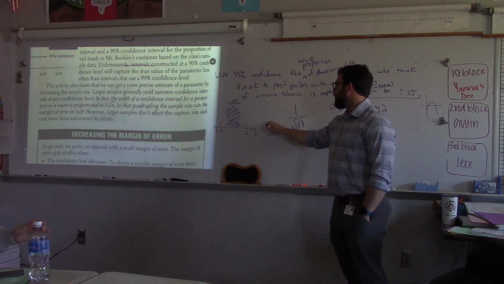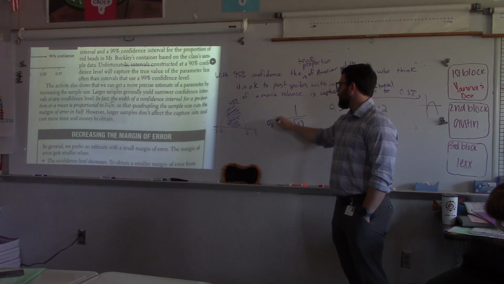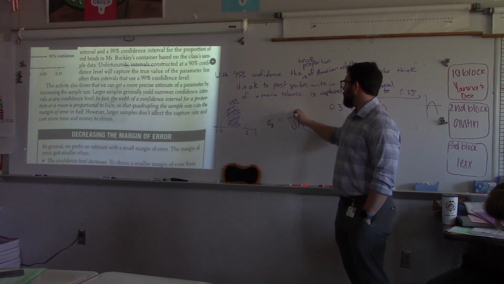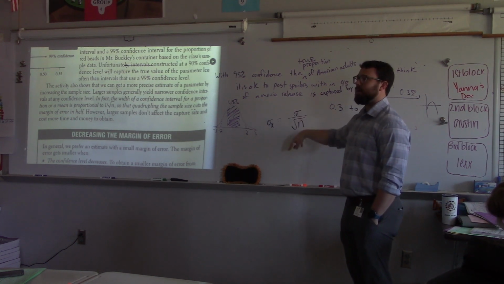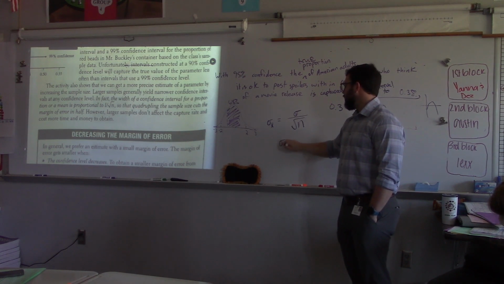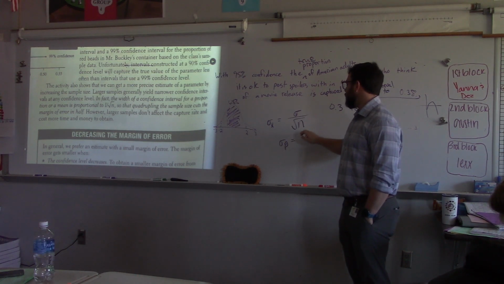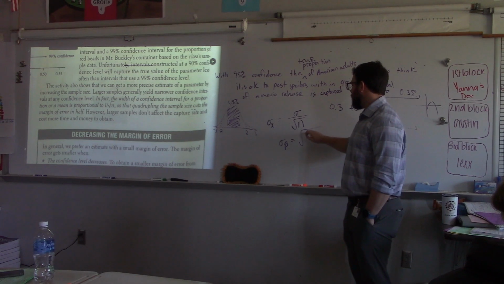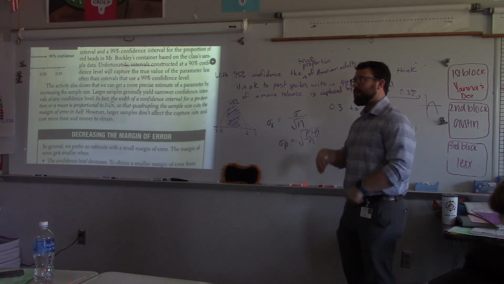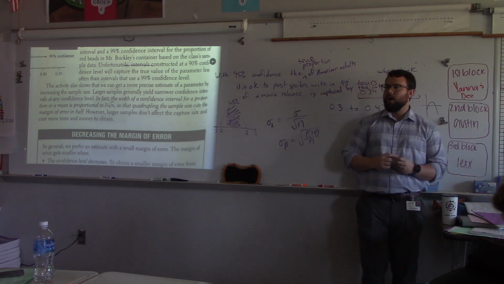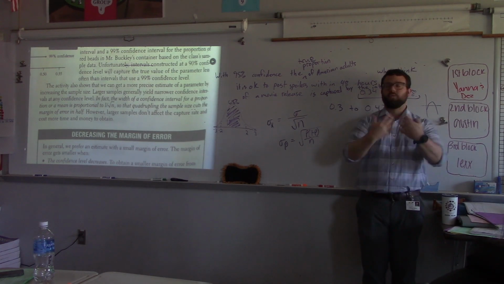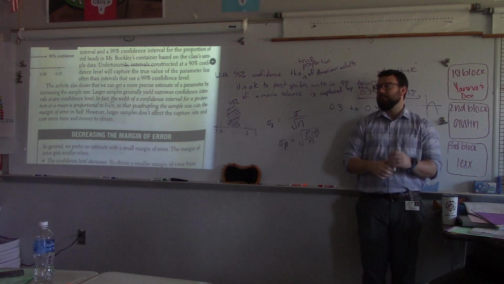Think about your standard deviation formula. The standard deviation of the sample means is the population standard deviation divided by the square root of n. The standard deviation of your sample proportions is the square root of p times 1 minus p divided by n. So that's why even if I quadruple, it's really only going to halve my margin of error.